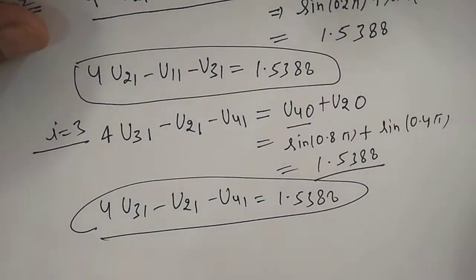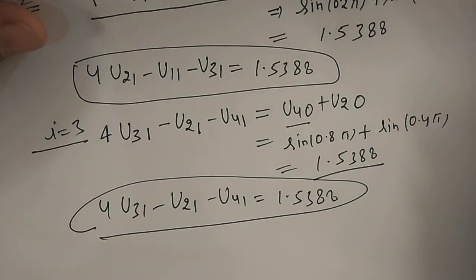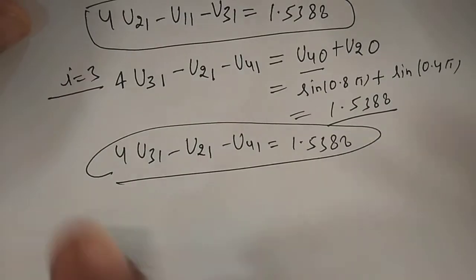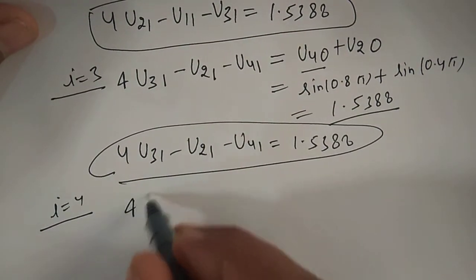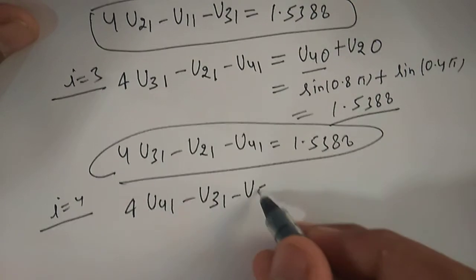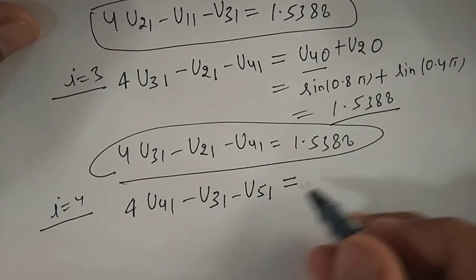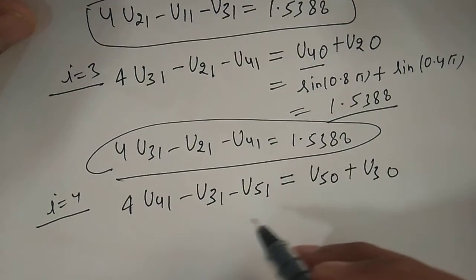And the last equation we can get, i equal to 4. So we have 4 u41 minus u31 minus u51 equal to u50 plus u30.